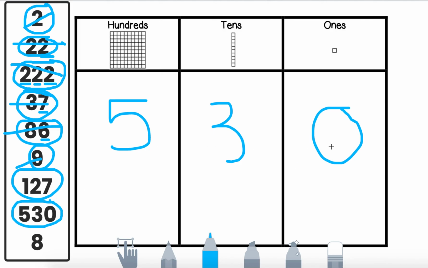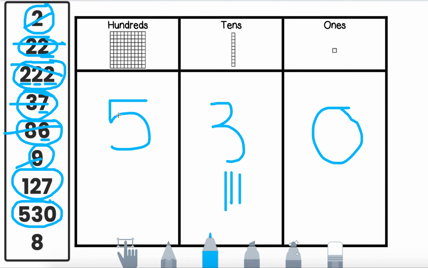It matches the example, and now we get to draw the pictures. So over here we can use the cubes for my ones place, but I have 0 in my ones, which means I have to draw 0 cubes. So I don't draw any cubes here. Now I have a 3 in the tens place, so I'm going to draw 3 sticks for the tens place, 3 sticks right there.